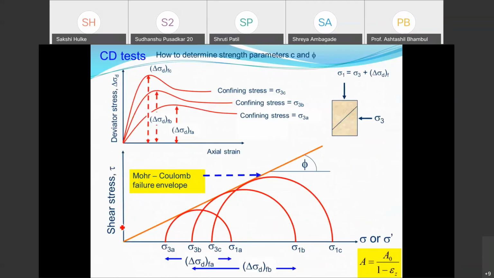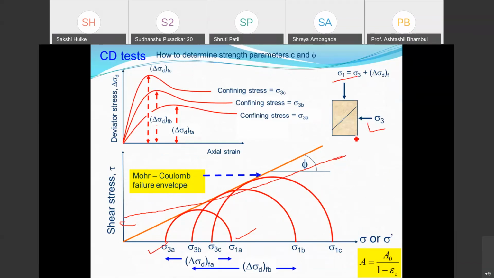Now, in the triaxial test, again what I measure are sigma 3 and sigma 1. Sigma 1 is the applied vertical normal stress and sigma 3 is the lateral pressure, so both values are known. I draw the Mohr circle, and a tangent to the Mohr circle is drawn. Suppose this tangent goes this way, I get the C value at this location and the phi value at this location.